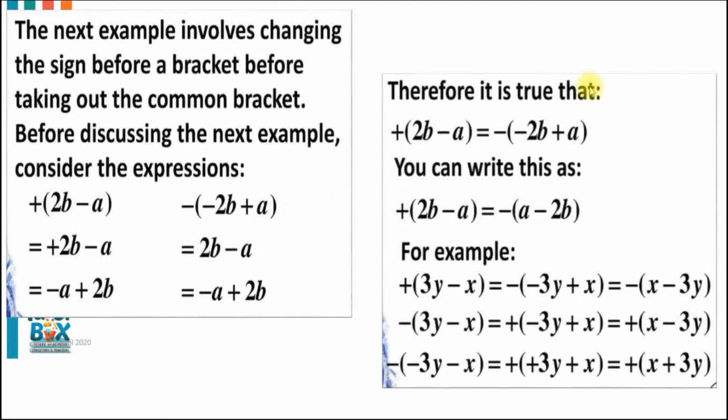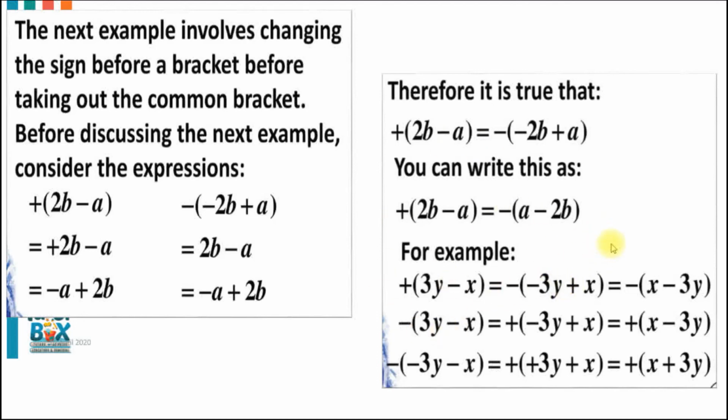Okay, so therefore it is true that plus 2b minus a is equal to minus 2b plus a, right? So if you want to check it, you just have your minus and your minus 2b there, that'll be a positive, and then your minus and your plus, that will be a negative, right? So you can write this as plus 2b minus a is equal to minus a minus 2b, right?